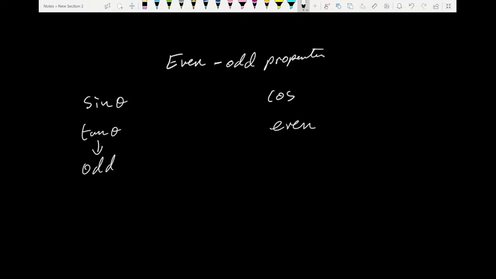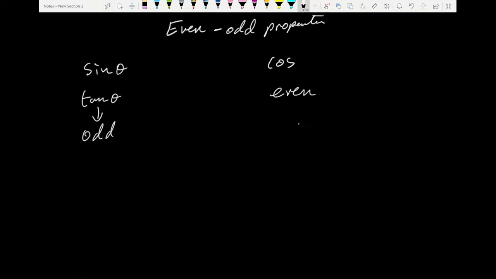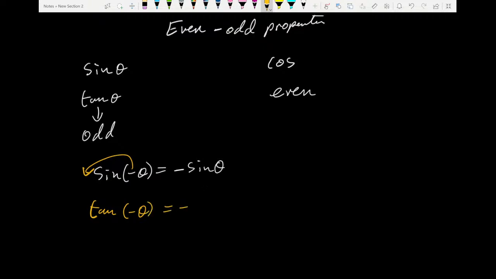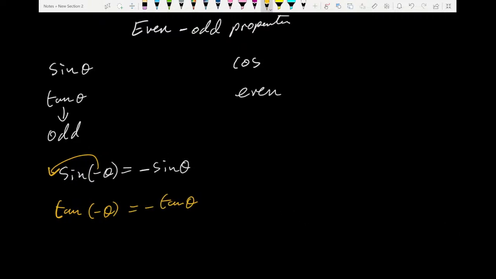And what does it mean to be even and odd? When you're odd, sine of negative theta equals negative sine of theta. So you see the negative? Just the negative comes out. Same as tangent of negative theta is negative tangent of theta. To be even, cosine of negative theta, the negative goes away.